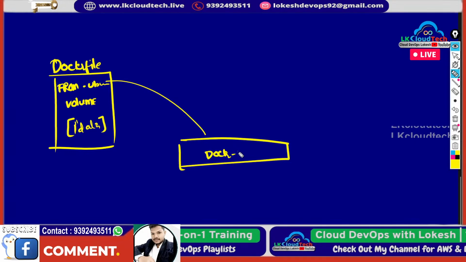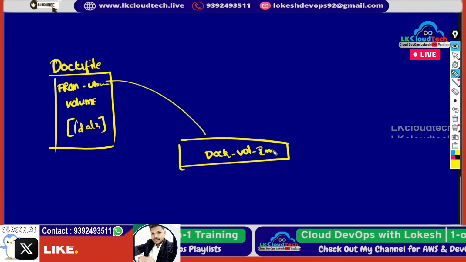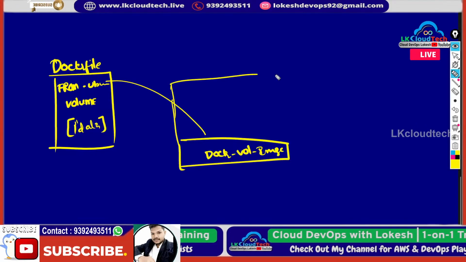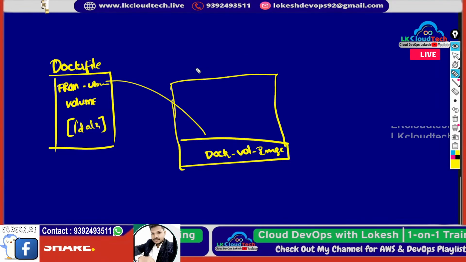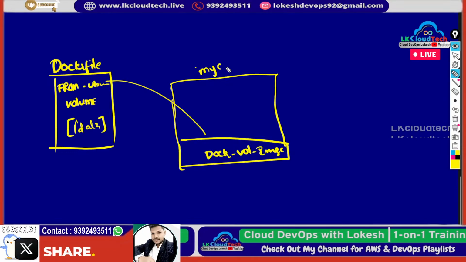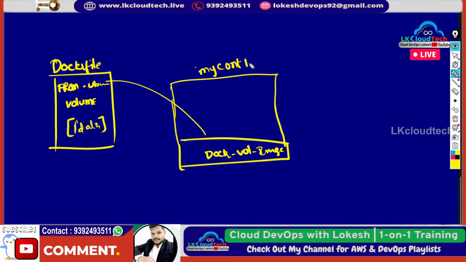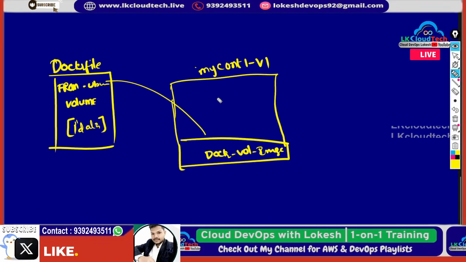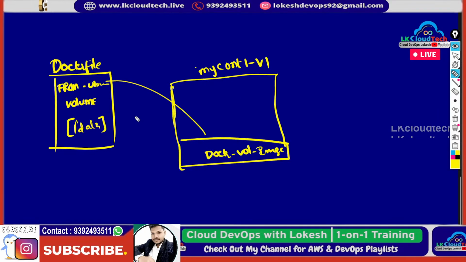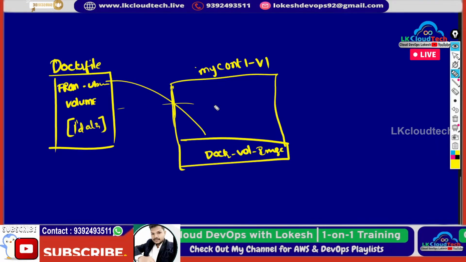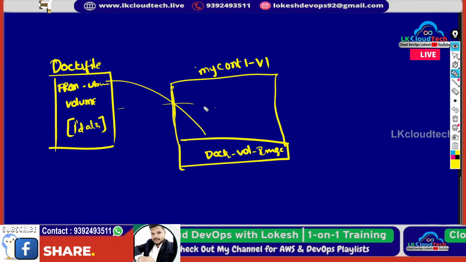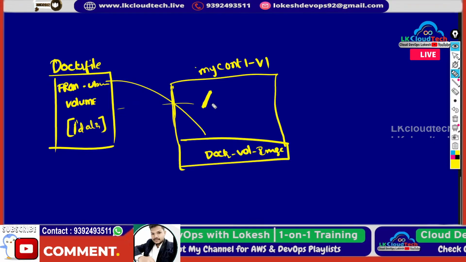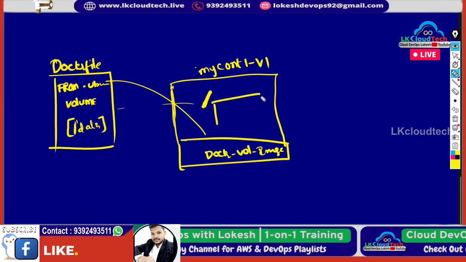On top of this image we have created one container, my container, cont1 hyphen vol1 or something like that. So whenever we created a container, we have seen the same data. Clear? Is it fine or not? On top of this top-level root directory inside the container, you have seen data.